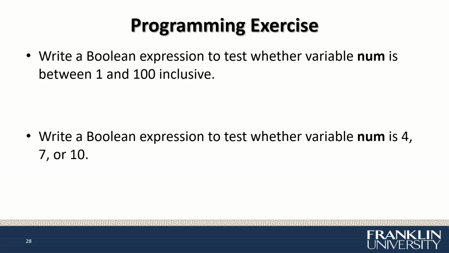Write a Boolean expression to test whether variable num is between 1 and 100 inclusive. So I have a variable num. I want to know whether this num is between 1 and 100. Mathematically, you might write it this way.